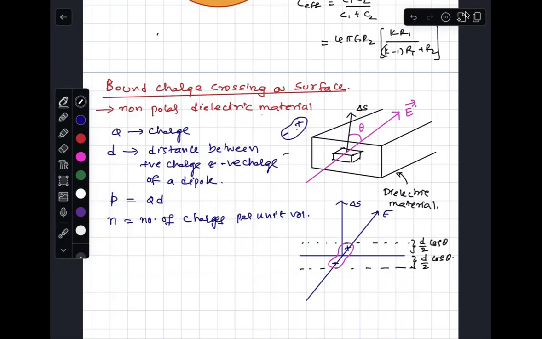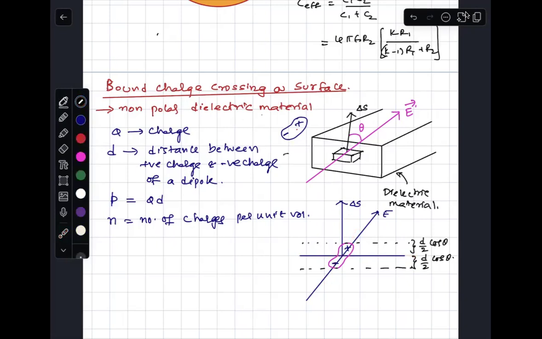You have any doubt? Ask me right now. Blindly don't stuff content into your brain. I'm asking you again, are we clear? If there is no electric field, nothing to discuss. Because there is an electric field, this reference surface, positive charge crossed upwards, negative charge crossed downwards.